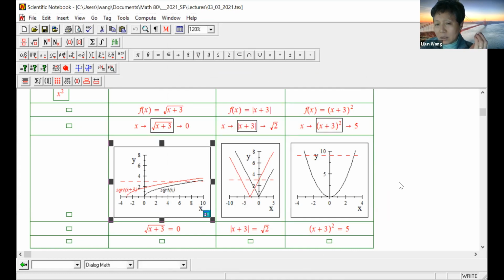The red is the square root of x plus 3. The black was square root of x. Relative to the black, the red one is to the left of it or to the right of it? Is it shifting to the left or shifting to the right?